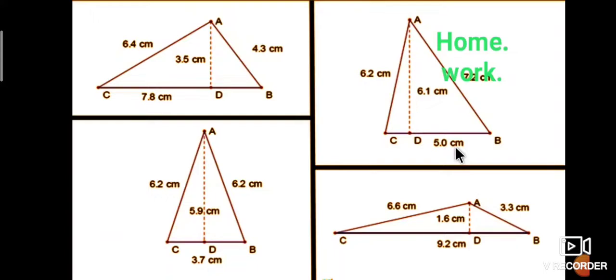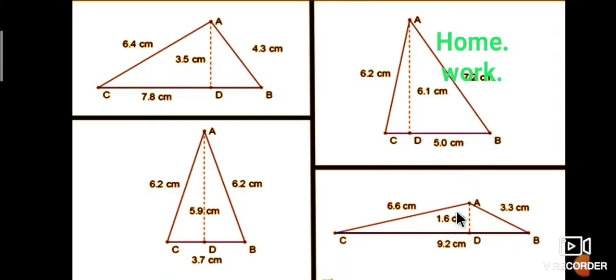Is it understood? Area is half into base into height, that is 6.1 into 5 by 2, that is 6.1 into 2.5. You calculate, you get the answer.